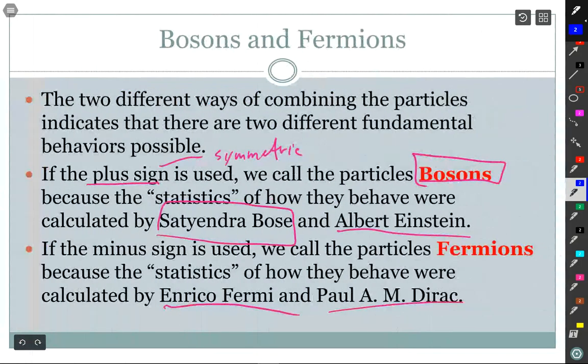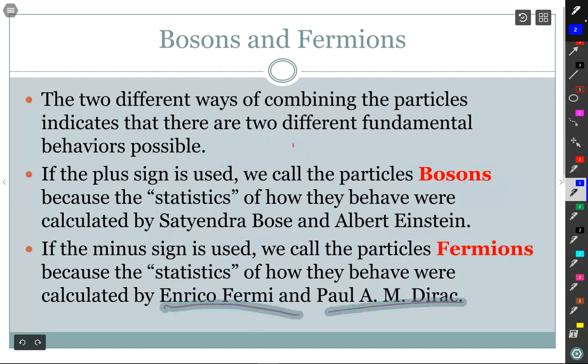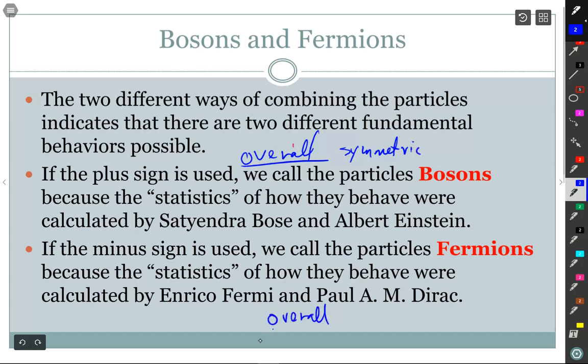Yeah, and in fact, if I was really careful here, this here is things that have an overall symmetric wave function and things that have an overall anti-symmetric wave function.